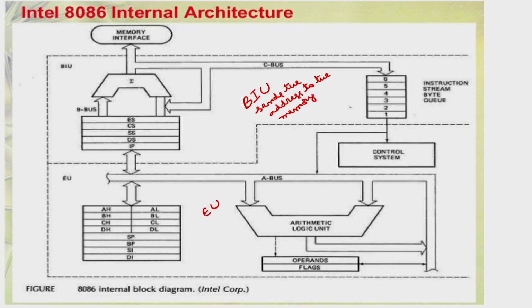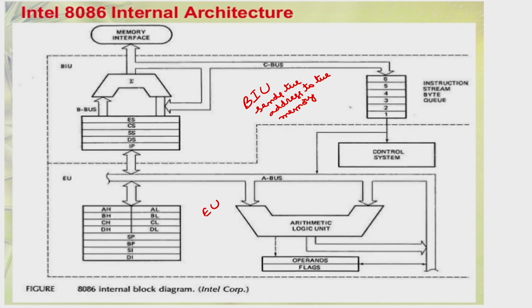In order to execute those instructions or programs, the microprocessor has to fetch the instructions and then execute them. So for that the BIU, bus interface unit, sends the address to the memory. This is the memory outside, the memory interface, and we can connect IO also here.